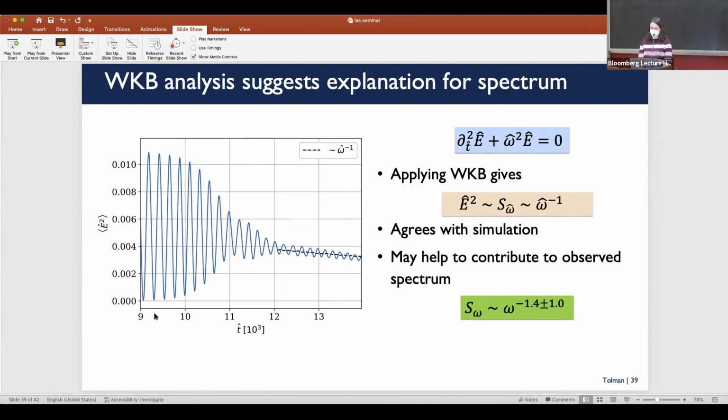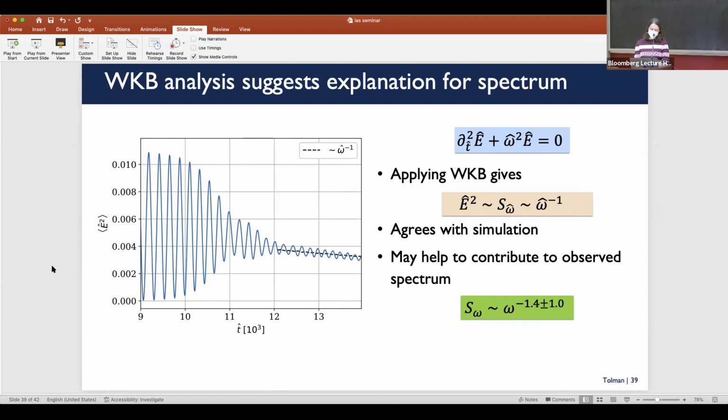These are WKB techniques, which you also know from your broader studies of physics. So basically, what you find here is that the amplitude of the electric field squared is going to go like 1 over the frequency.